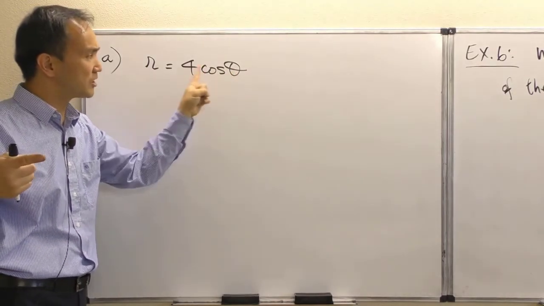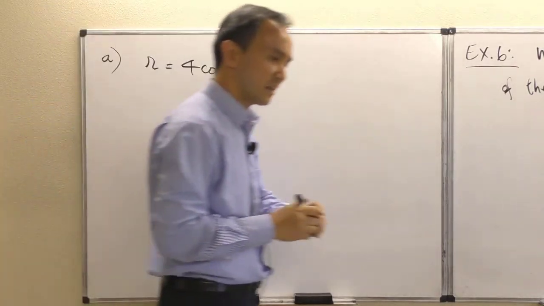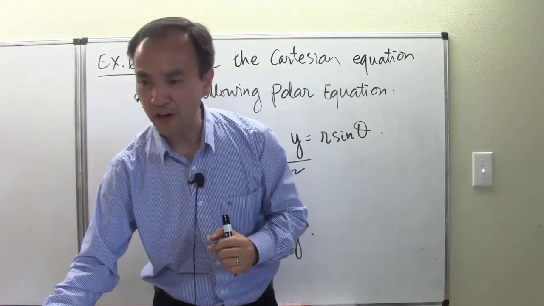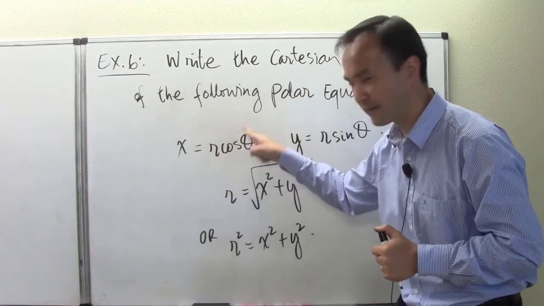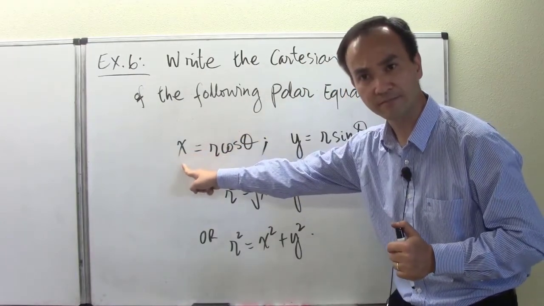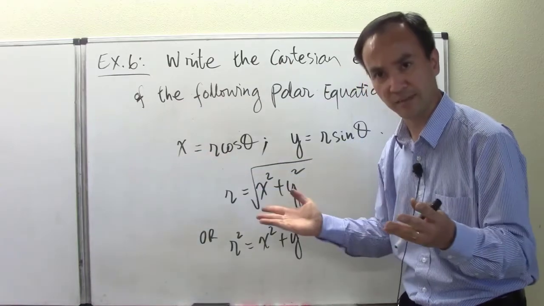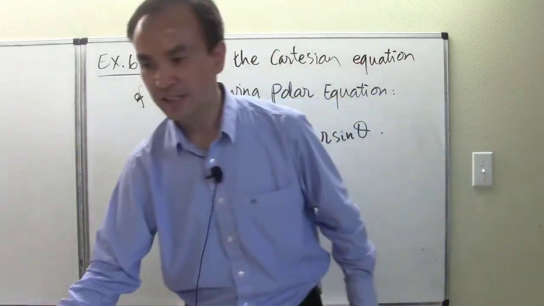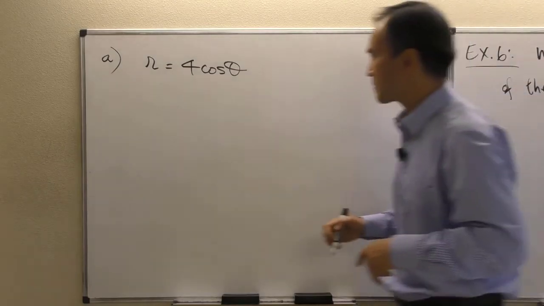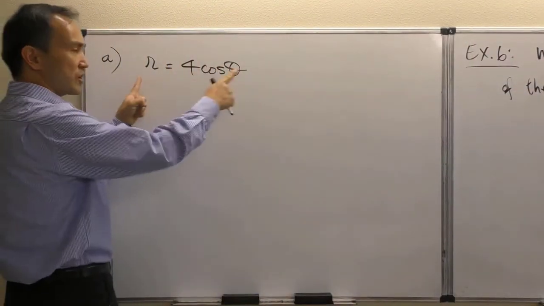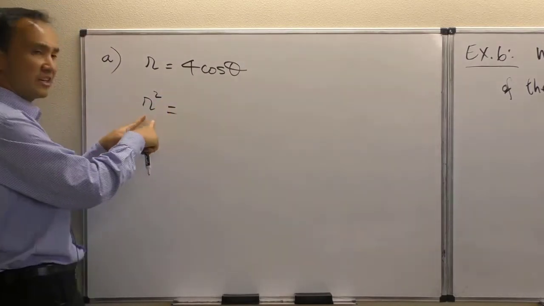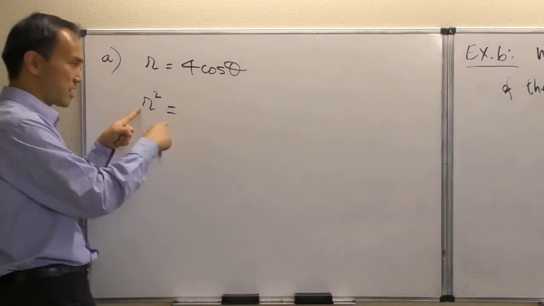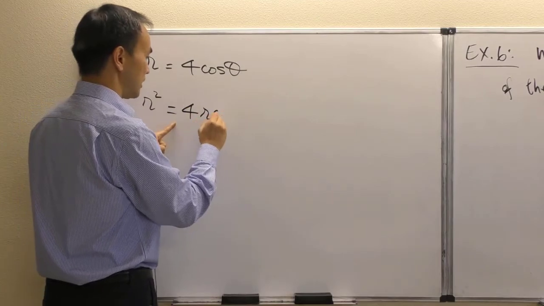If we multiply cosine theta by an r, and for now ignore the 4, we can substitute that product with an x. That's some algebra experience right there. So I'm going to multiply both sides by r. The left side, multiplied by another r, gives me r squared, and the right side gives 4 r times cosine theta.